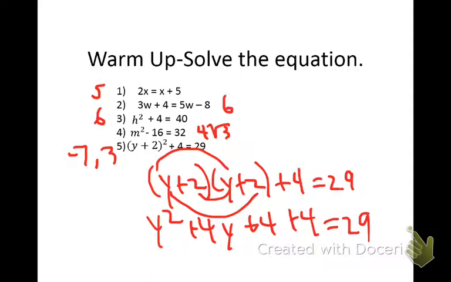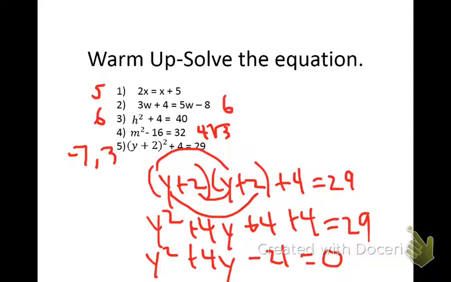So then we simplify that, we get y squared plus 4y plus 8 equals 29. We subtract 29 from 8, that's going to be -21, equals 0. So you have to think of a positive and negative combination that multiplies to be -21 and adds to be 4.